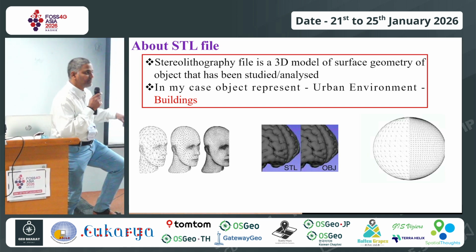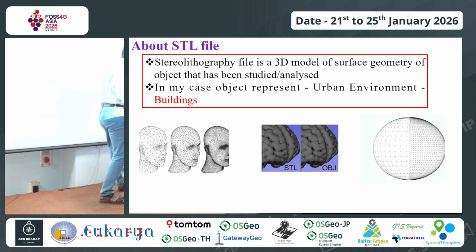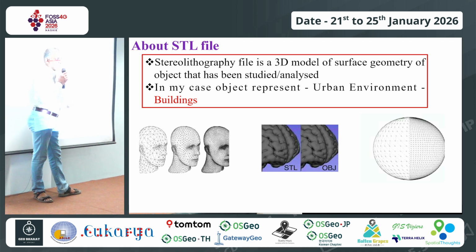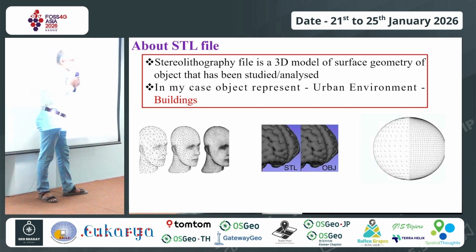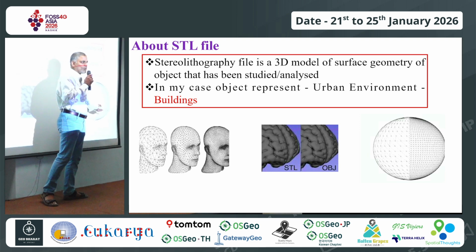We geographers deal with our earth divided into one side as normal GIS files, and STL files. How does it look? This is nothing but lat, long, and Z value. This is actually an STL file, a very low version of an STL file.